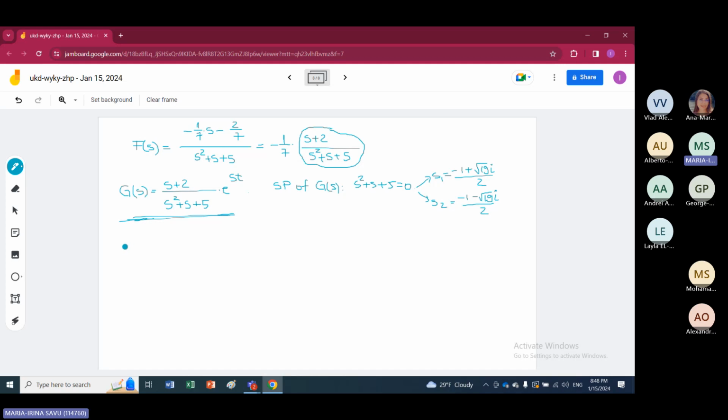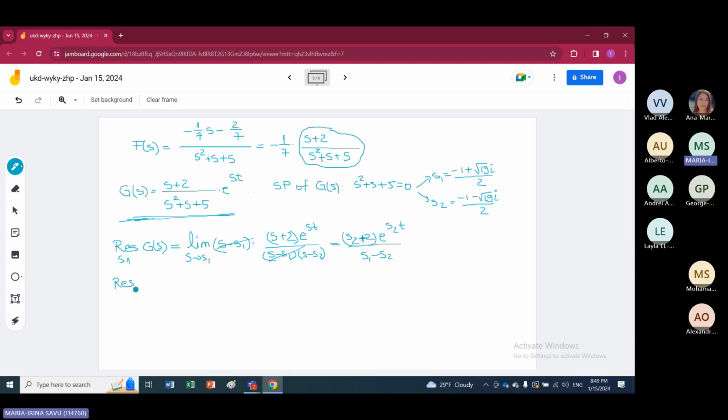So it means that the residue of g of s in S1 will be the limit, let's use S1 and S2, as s goes to S1 of s minus S1 times this one, s minus S1, s minus S2, because we are going to write this denominator in this way. We have a simplification, and we have S1 plus 2 times e at S1t over S1 minus S2.